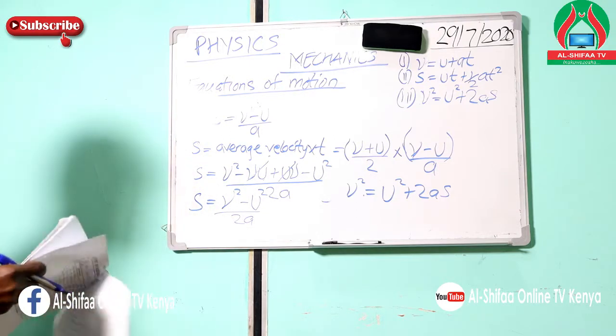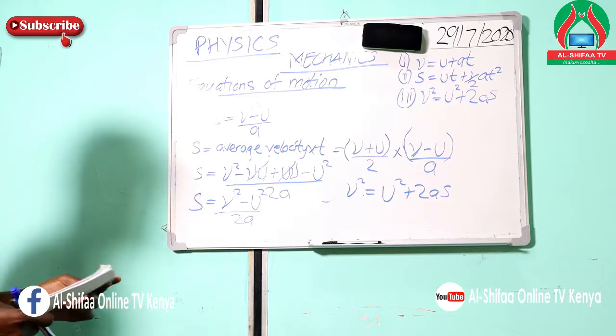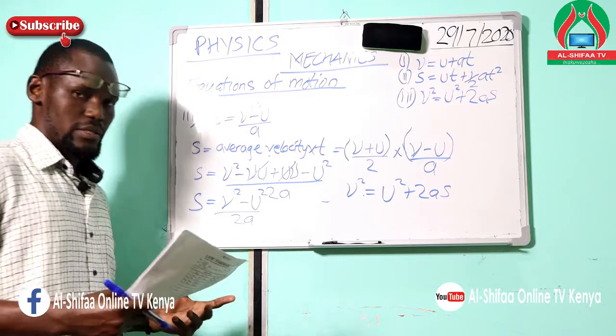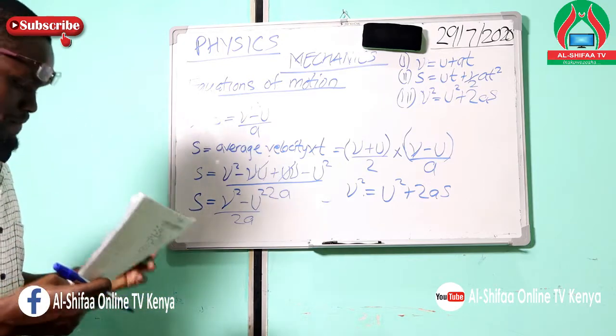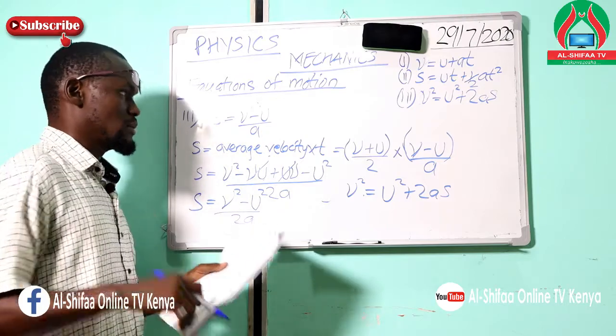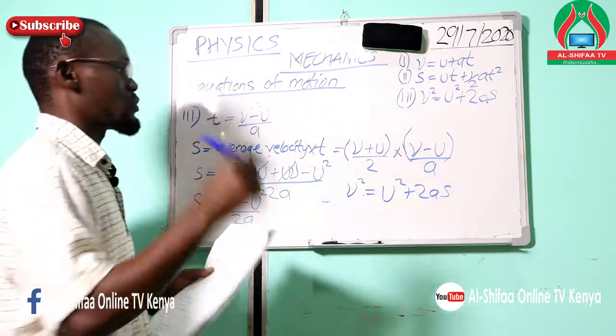Let's go through an example and see how these equations are used. According to the information you are given in a question, you have the flexibility of choosing the most appropriate equation.